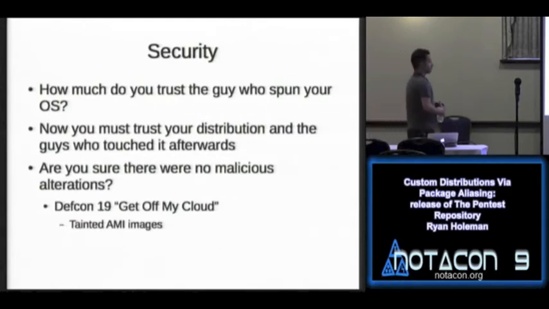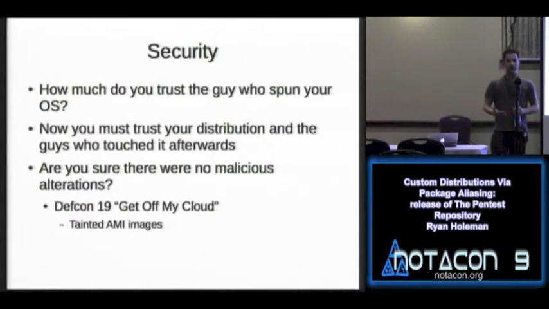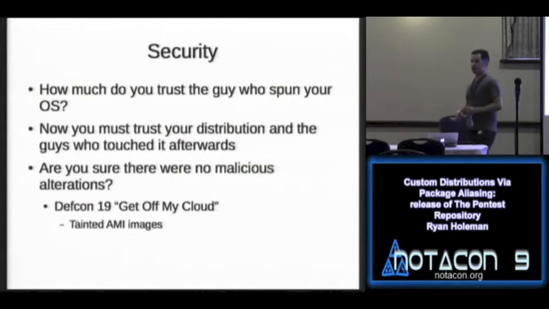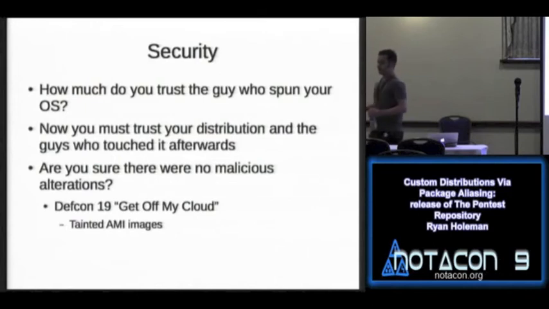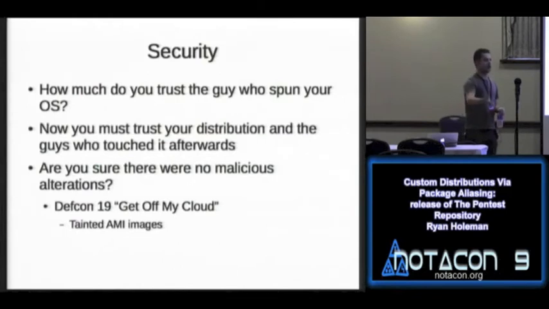A great example of this was a speech done last year at DEF CON 19, Get Off My Cloud, where as a test of this, they took a Backtrack 5 CD and they made an EC2 AMI out of it. And within the AMI, they wanted to test how many people would just blindly install these AMIs, right? And he replaced some of the init scripts with, you know, phone-home wget scripts or whatever.